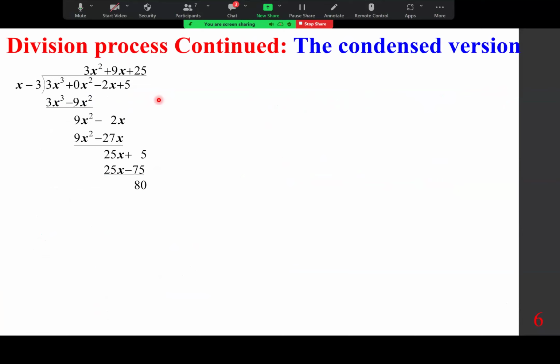Now, this is the whole process in one shot of the previous page. So if we just ignore the variables and we just write the numbers, I want to go over this concept known as the condensed version, ultimately synthetic division. So if you write the same thing but without the variables, for example, this one is 3, this one is 0, this one is minus 2, this is 5. Do you see that?